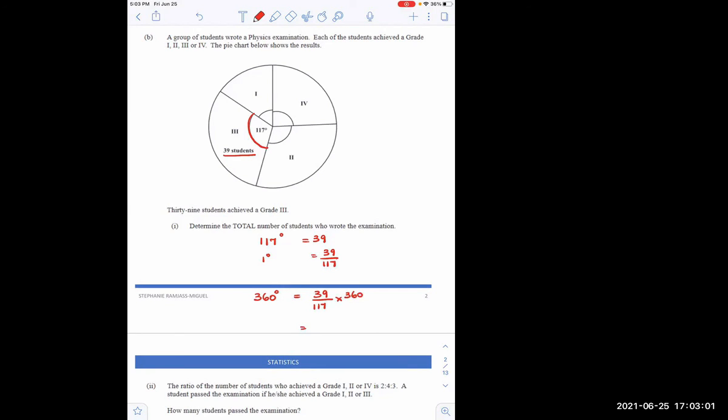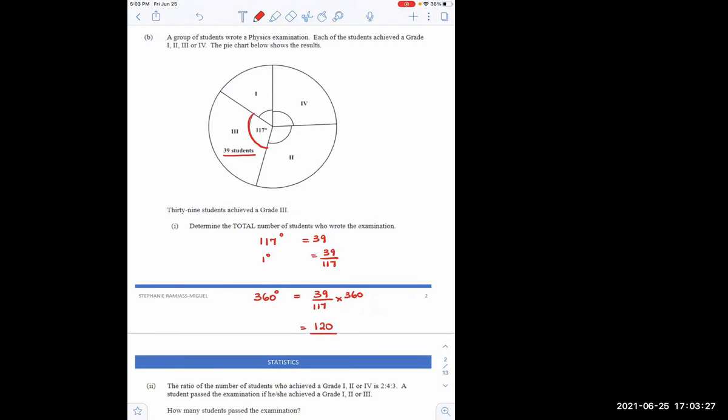Work on that for me. Miss, 120. Did anybody else get 120?